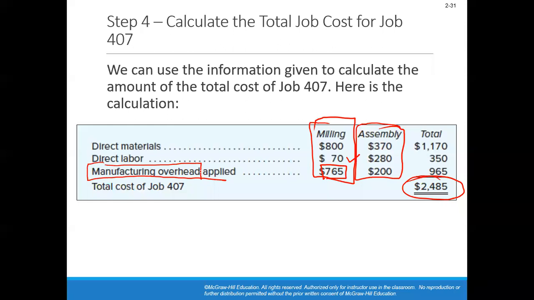So it will remain the same. And which will go up? Other than the manufacturing overhead, which cost will go up? What about the direct materials and the direct labor? Yes, sir. Direct materials and direct labor will go up. Okay.